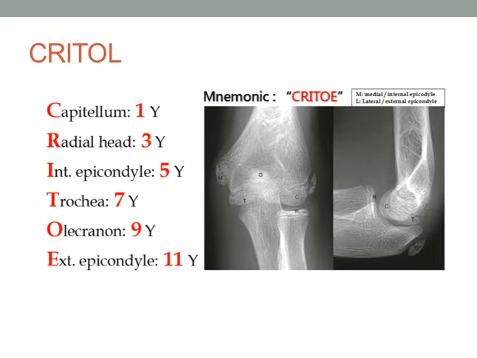So they appear in the order of capitellum, radial head, medial epicondyle, trochlea, olecranon, and lateral epicondyle at the rough ages of 1, 3, 5, 7, 9, 11. And this clearly is not an absolute in terms of the ages or an absolute in terms of the order, but it does allow you to know that when you're looking at a 5-year-old's x-ray, you can be expected to see the first of those three, so the capitellum, the radial head, and potentially the medial epicondyle.